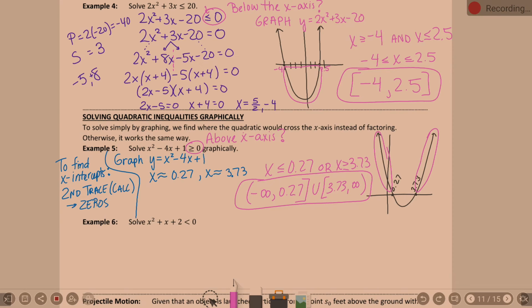Okay, example 6. What are we going to do to start this problem? We're going to graph. What are we graphing?